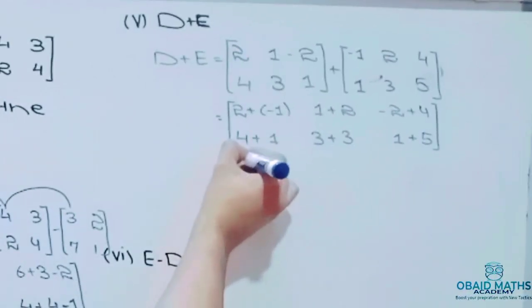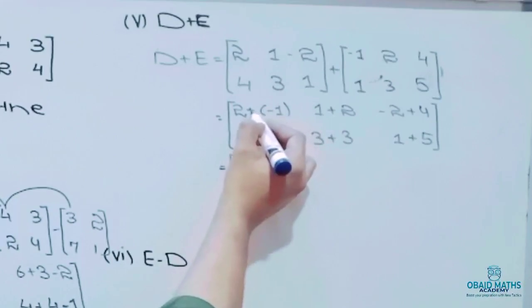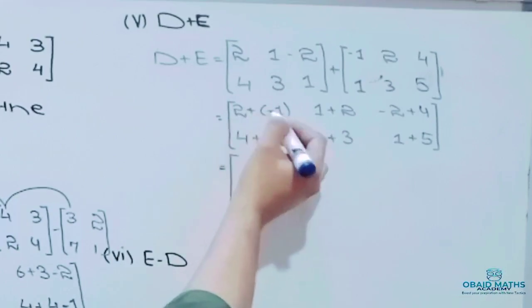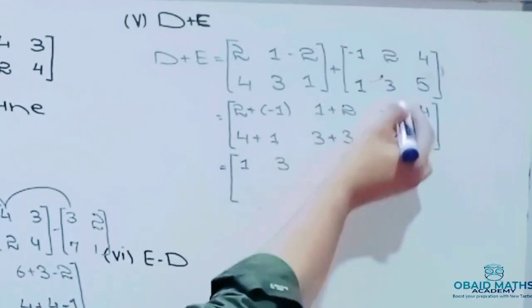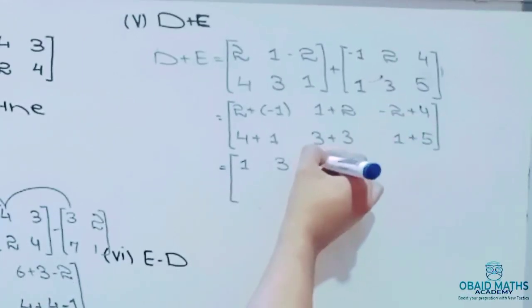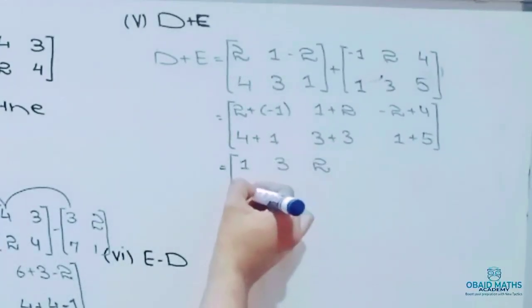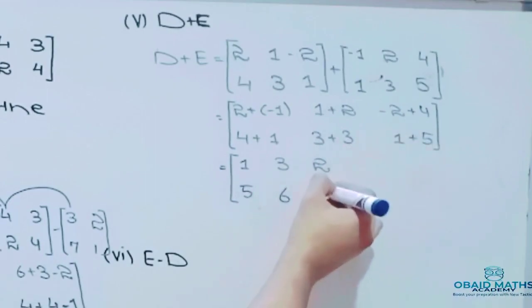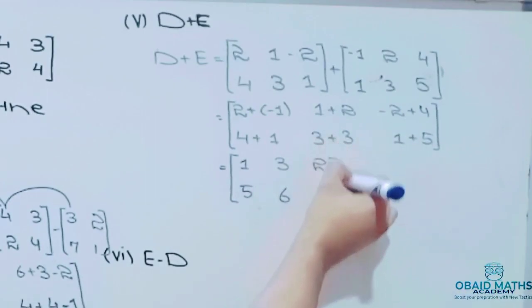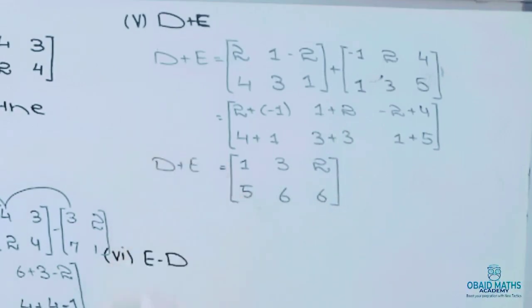Now we apply the rule of signs: 2 minus 1 is equal to 1, next 1 plus 2 is equal to 3, minus 2 and plus 4 is equal to plus 2. Okay class, the next 4 plus 1 is equal to 5, and 3 plus 3 is equal to 6, and 1 plus 5 is equal to 6. So this is the answer of D plus E.